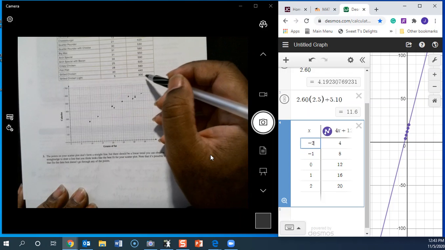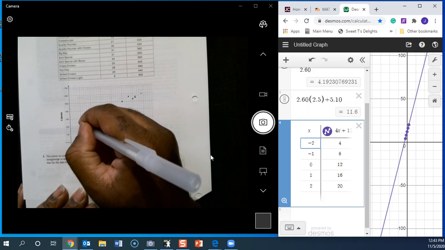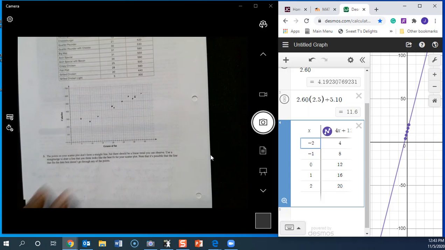And then 5 and 300. All right, so we plotted all of these points here.